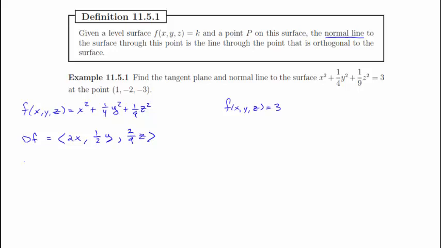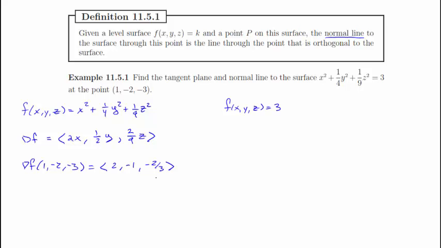So the gradient of f at (1, -2, -3) equals (2, -1, -2/3). So this is a direction that is orthogonal to the ellipsoid at the point in question.